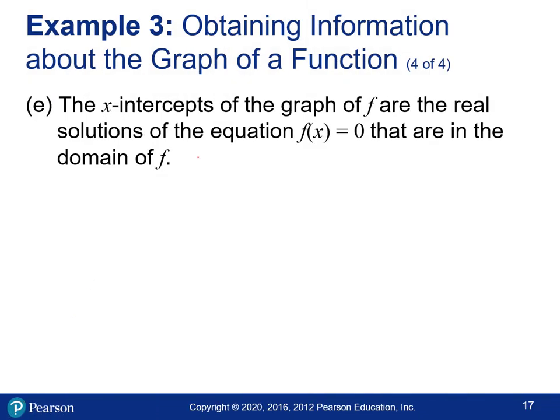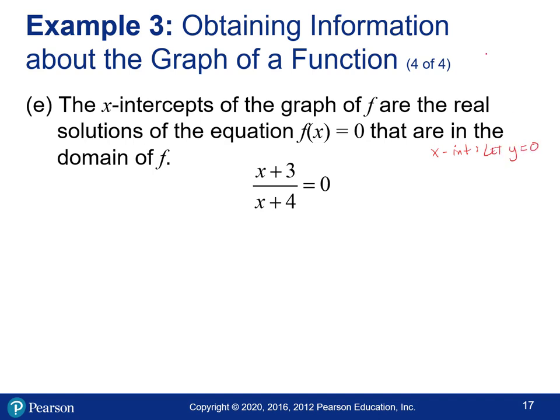Part E asked about the intercepts on the graph, and think about that. We've learned about intercepts before, but think about why this is the setup for our question. The x-intercepts, we learned this in a previous video, but anytime you want to know when you hit the x-axis, you're going to always let y equal 0.